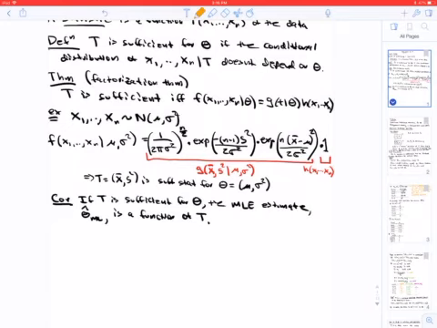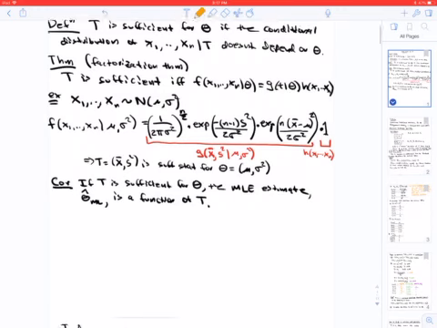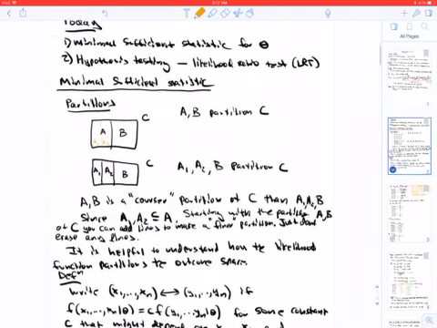So you only need to optimize the G part, and the G part is a function of T. So this corollary follows from the factorization theorem directly.